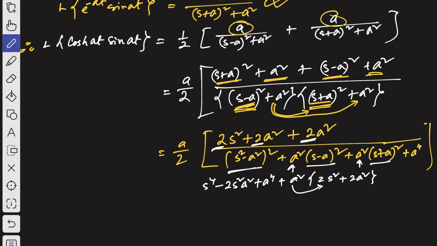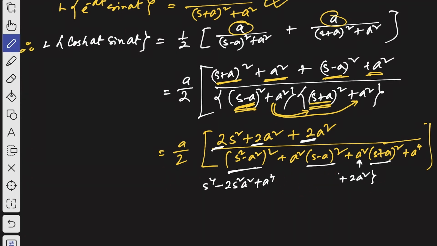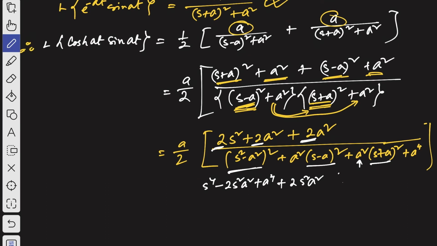So if you multiply this a square with this, then you are going to have 2s square a square, and here you will get 2a to the power 4.